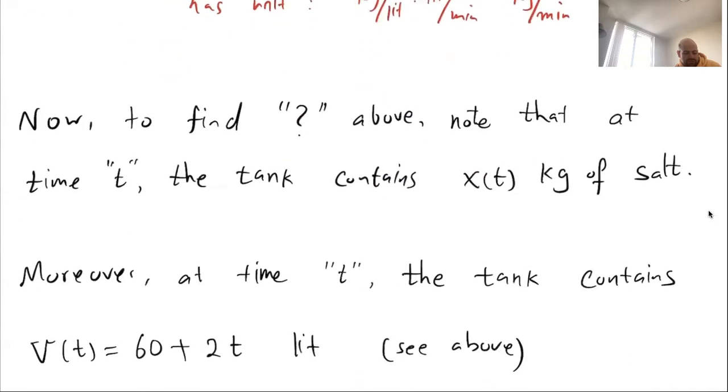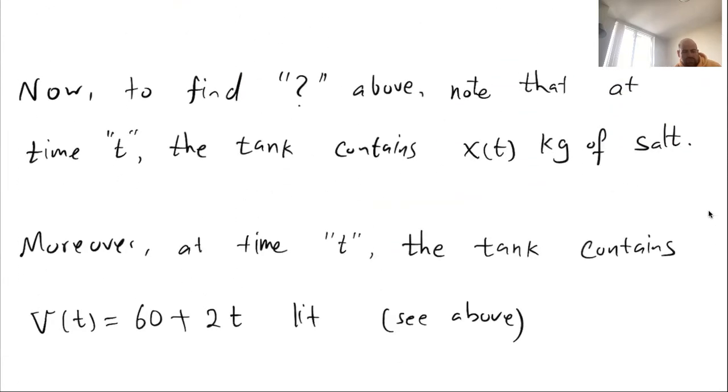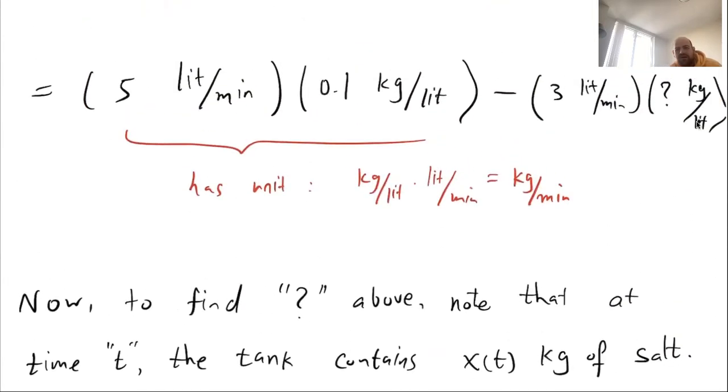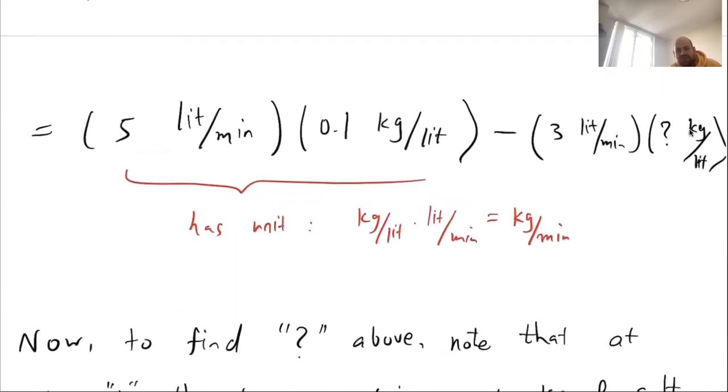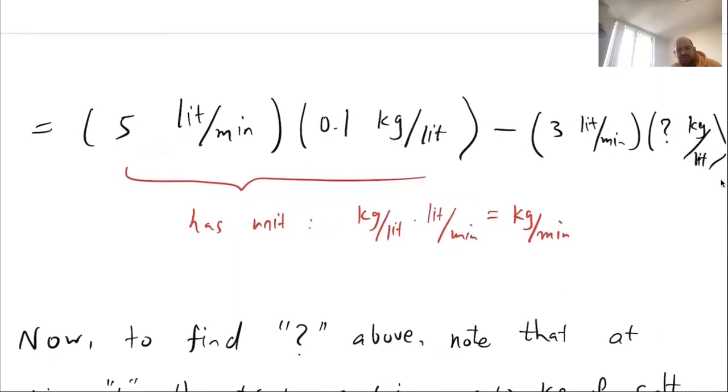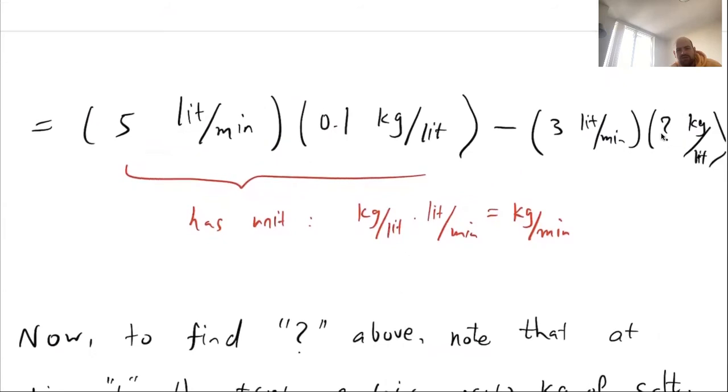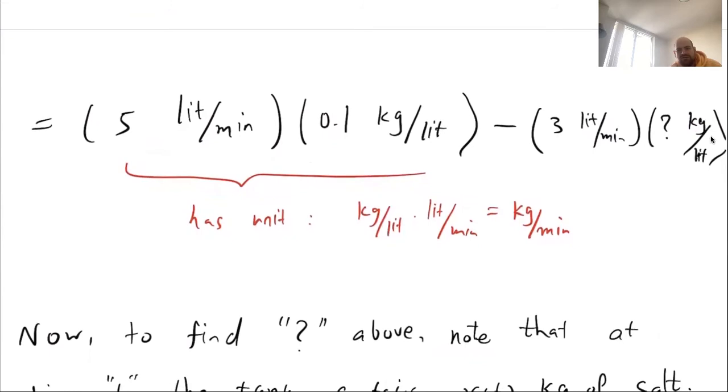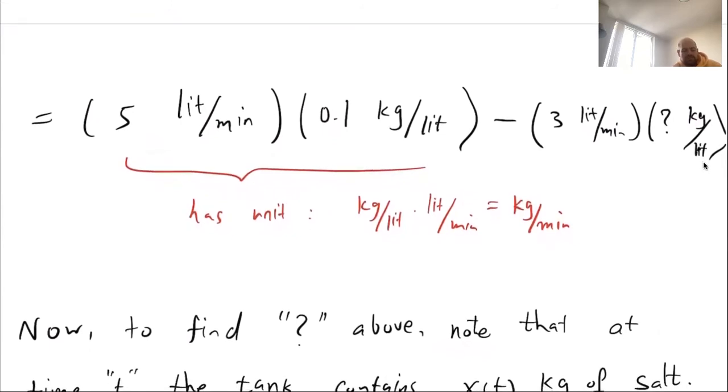of water. So the question mark, see, we already found out how many kilogram we have at time t, which is x of t, and how many liter we have, which is 60 plus 2t. So to find this question mark, we just need to simply divide the amount of salt by the amount of water.